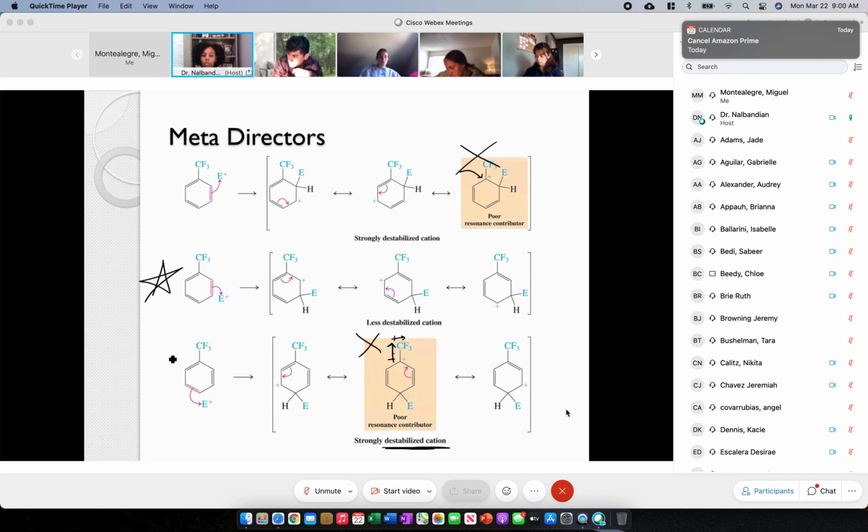So the molecule knows to avoid ortho and para, and have the reaction happen here at the meta position where it is less destabilized. So our substitution is directed away from the ortho and para positions. Questions on that?